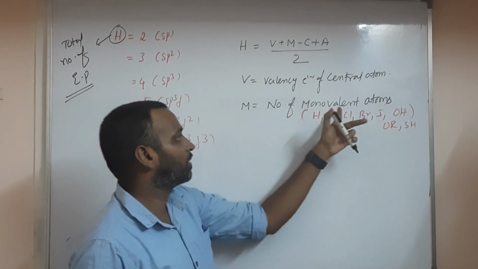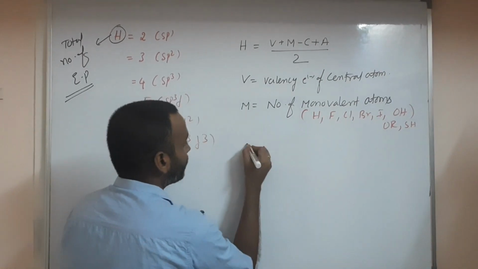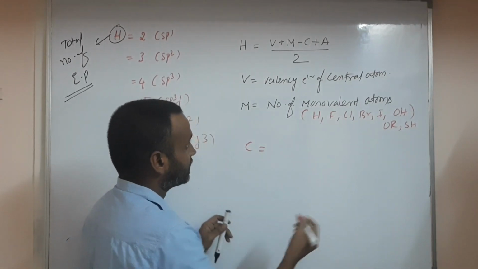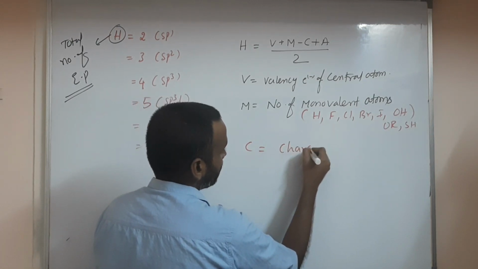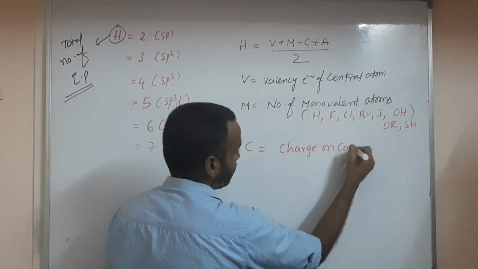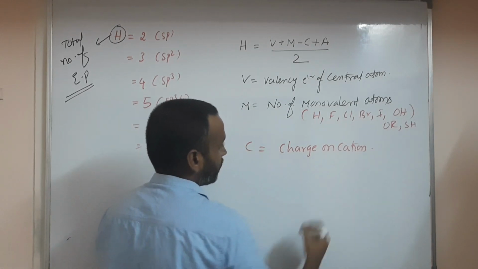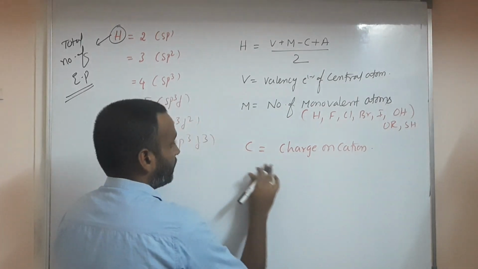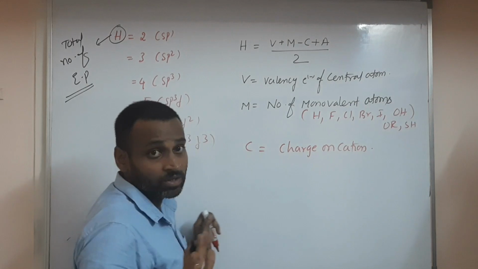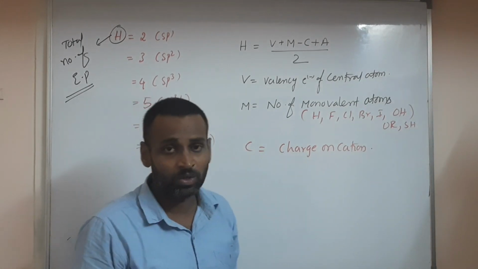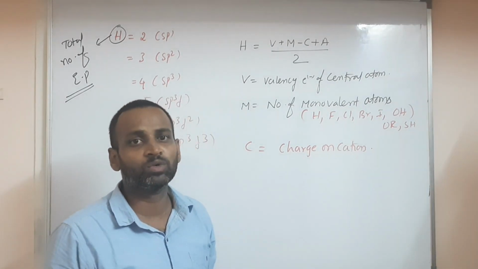So M is the number of monovalent atoms, and C is the charge on cation. My dear boys and girls, you have to listen to all these things and remember them, because based on hybridization you will get one question.